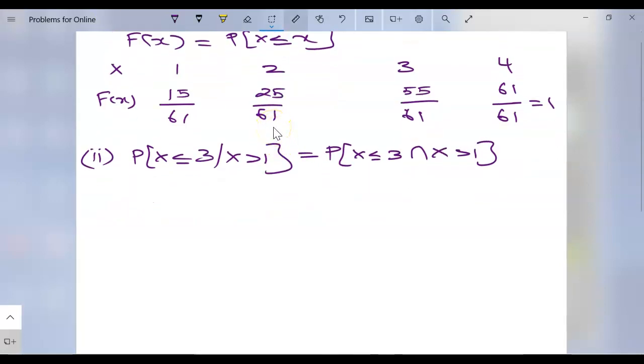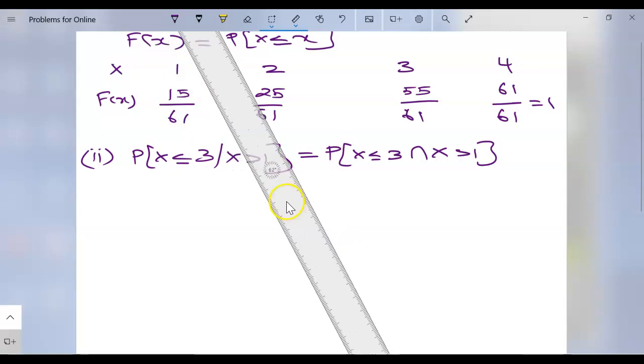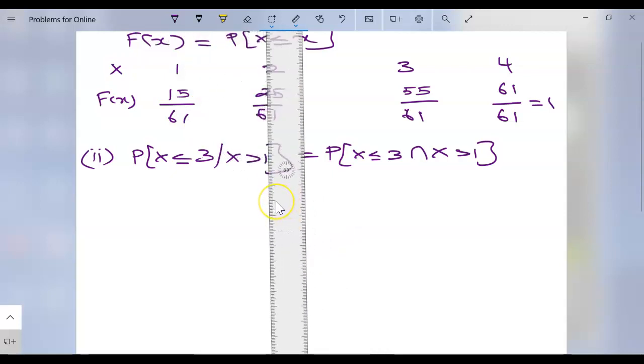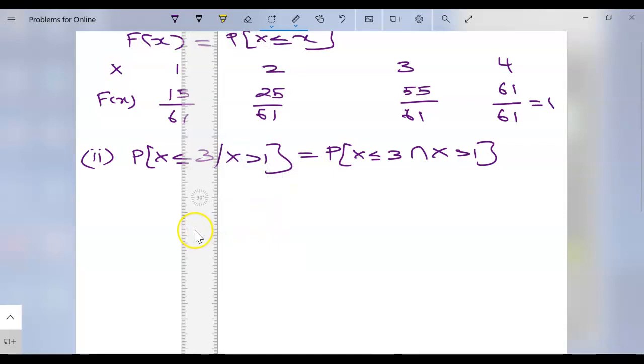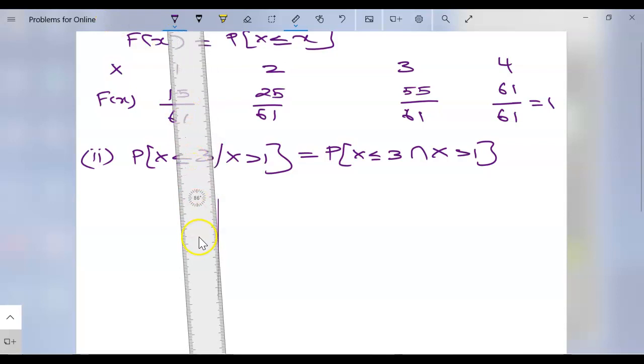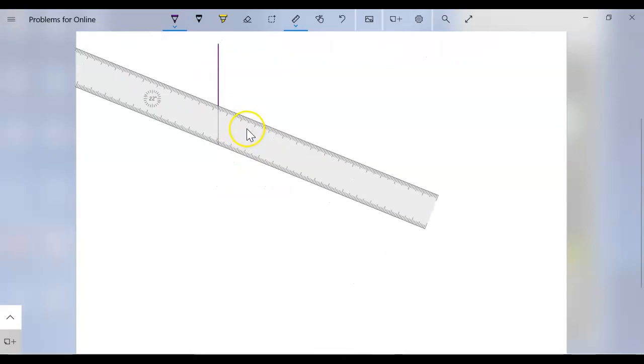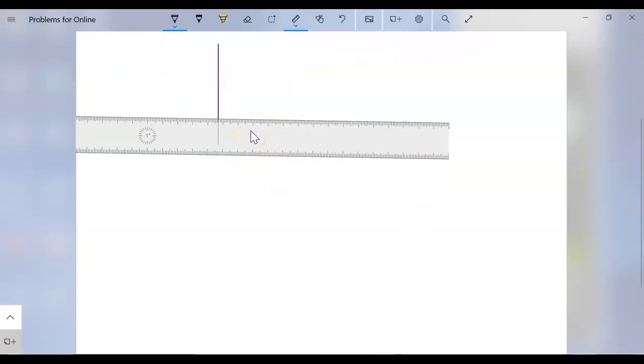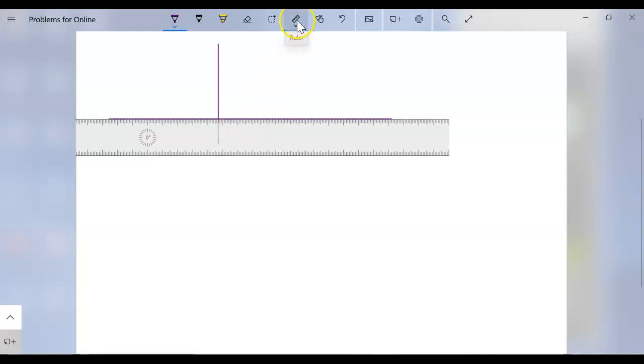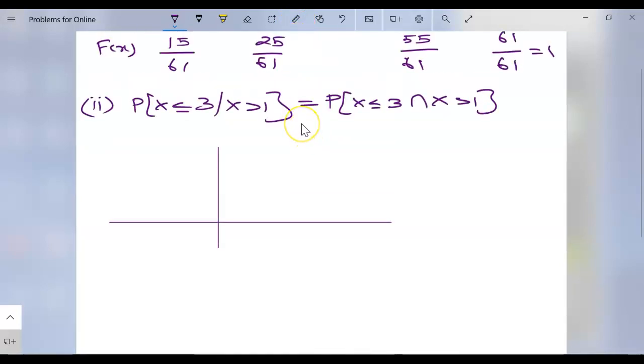Let me use a small graph. A rough graph is enough. For you to see, this is the y-axis, and so this is what I'm having.